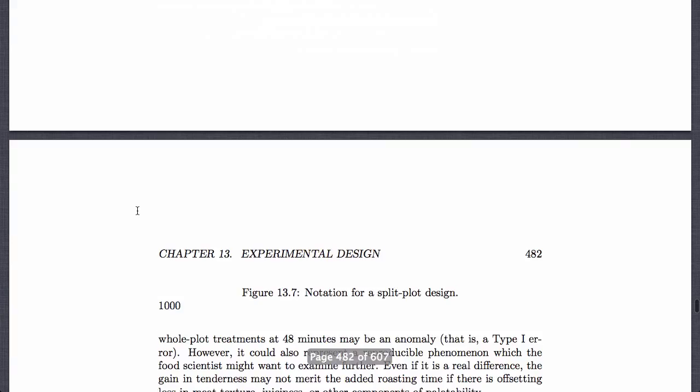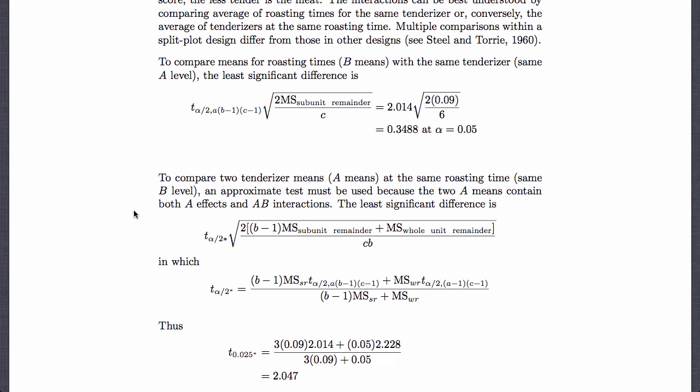And I'm trying to find a picture. Oh no, the picture's not in here. That's right.